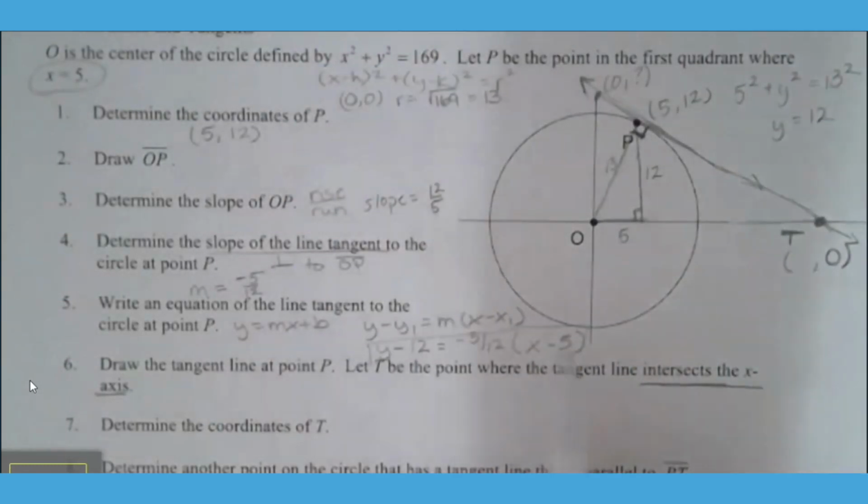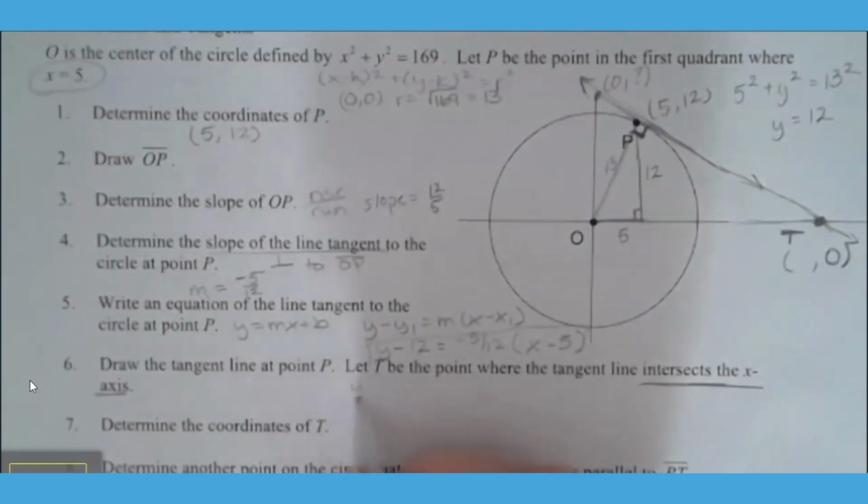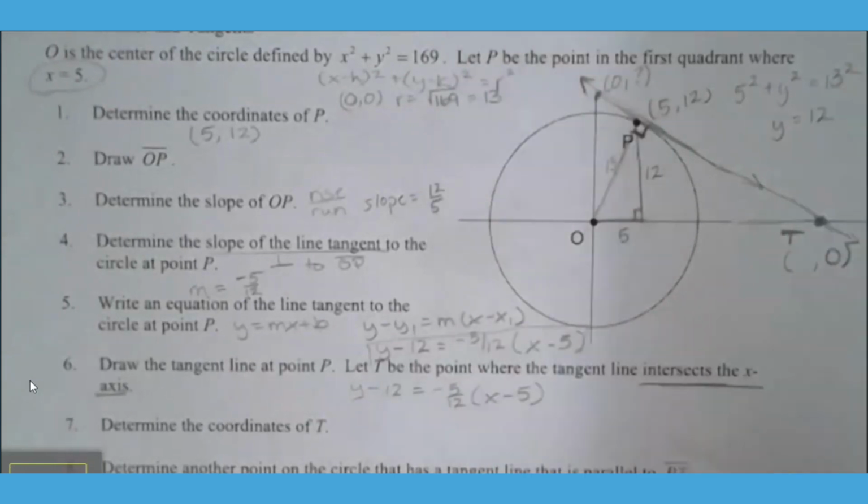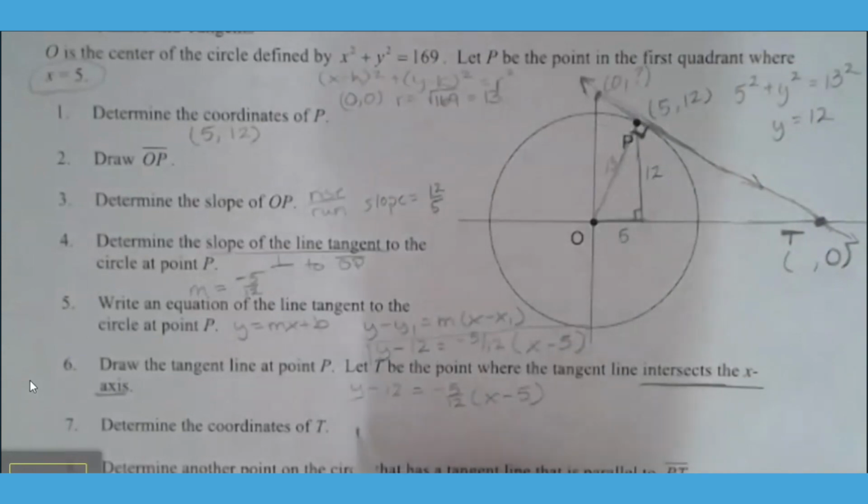So knowing the equation of our line is y minus 12 equals negative 5/12 times x minus 5, and knowing that the point T we're searching for has a y value of 0, we can substitute that in.